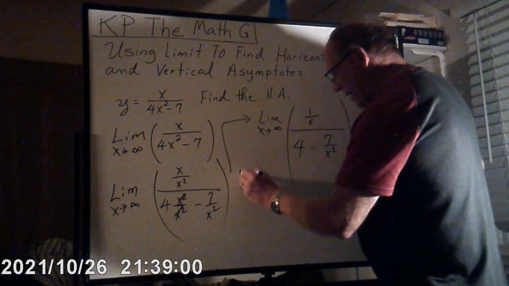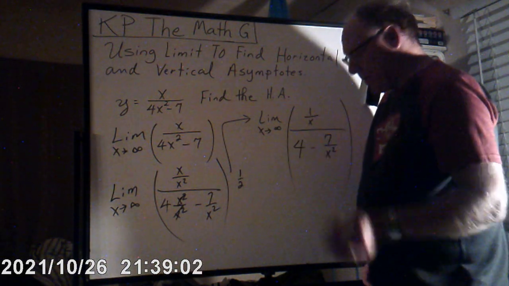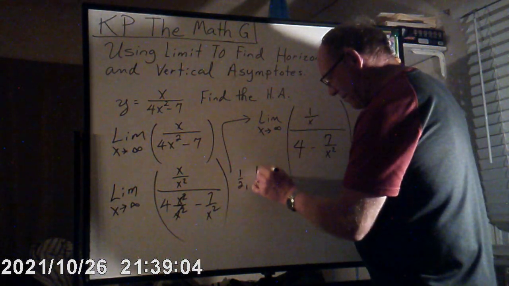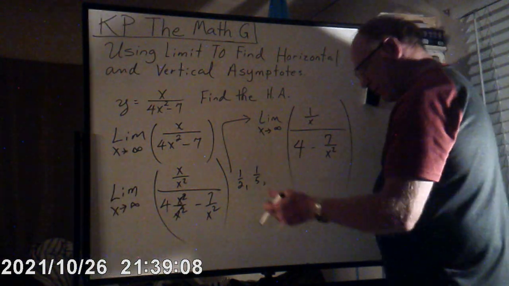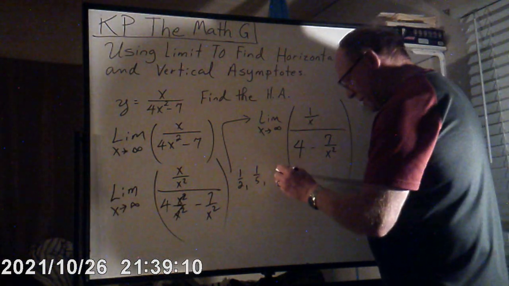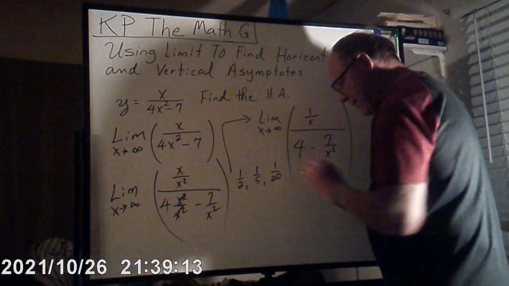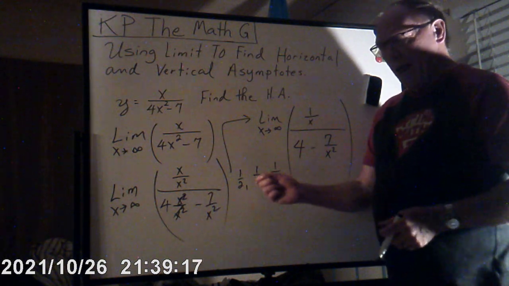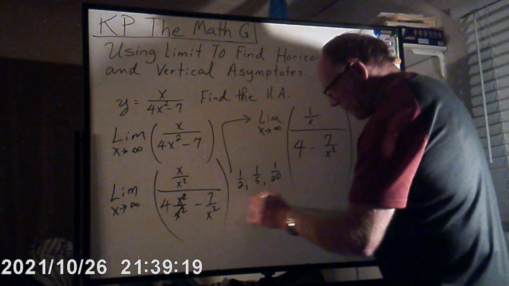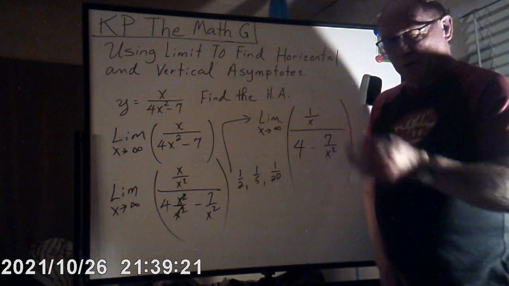Certainly 1/2 is larger than 1/5, which is larger than 1/20. As we get further and further out, we get closer and closer to 0.